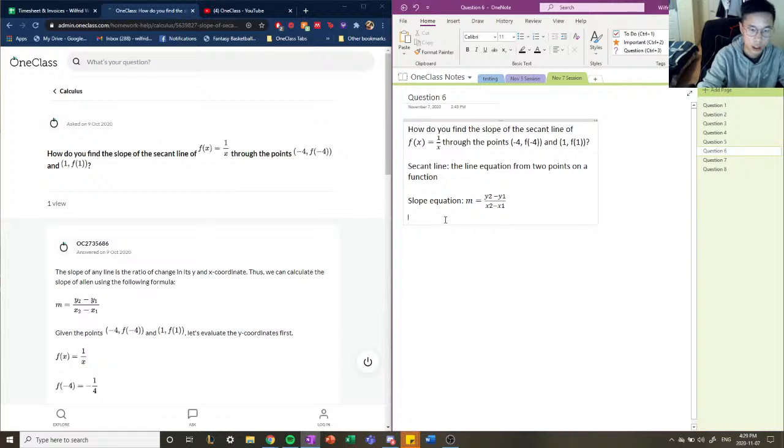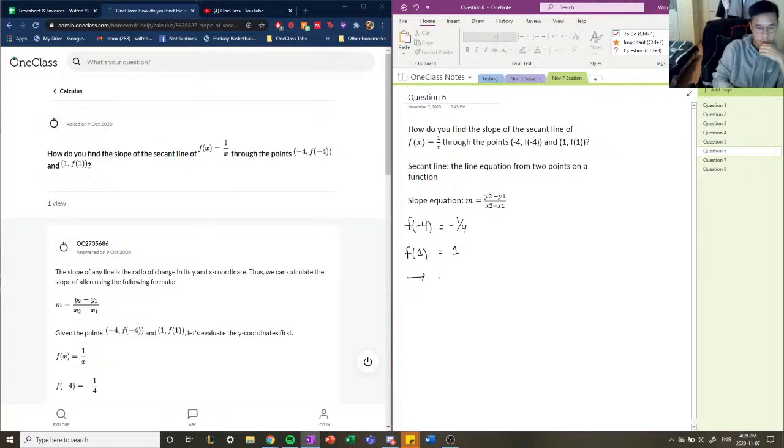So let's do that first. So f of -4, if we plug it in here, is just -1 over 4, and f of 1 is just 1. Okay, cool. So now that we have our points, they're asking for us to find the secant line between these 2 points here.